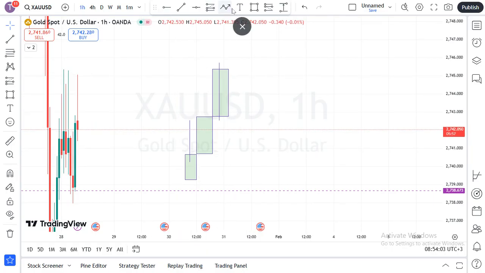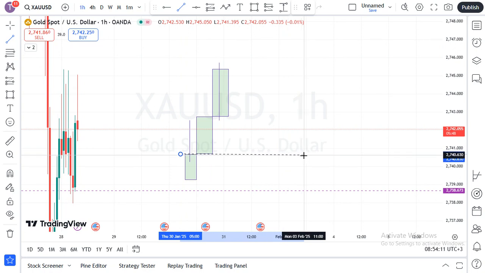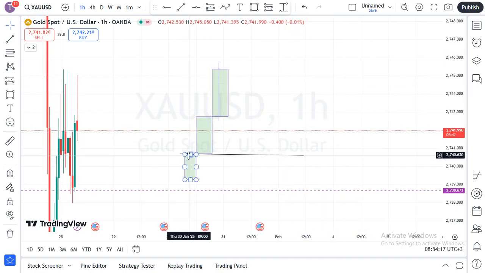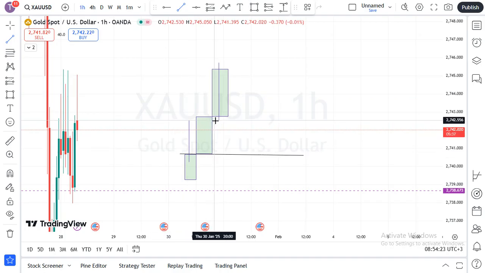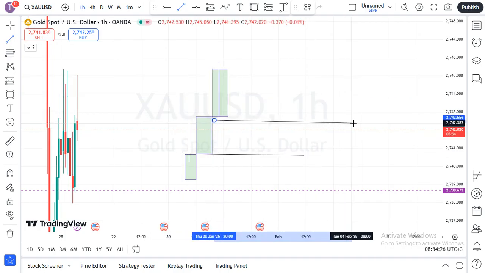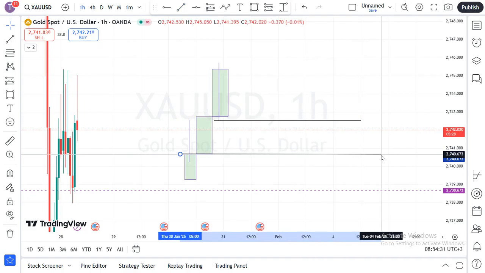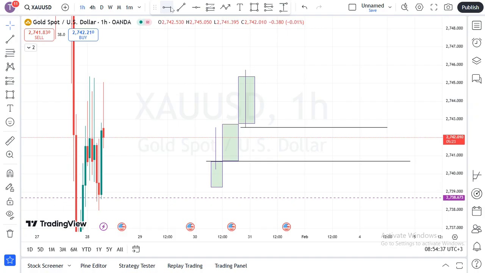So we shall come and mark here the opening of this candle, and then we also mark on this wick. Yes, also mark that wick. So this is the PDR we mean.